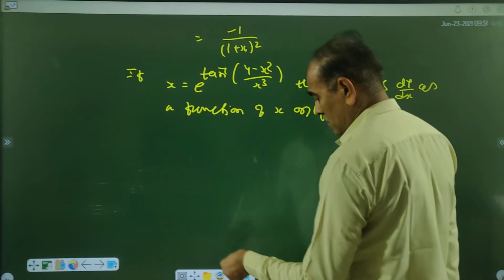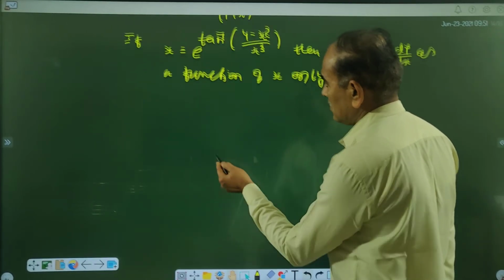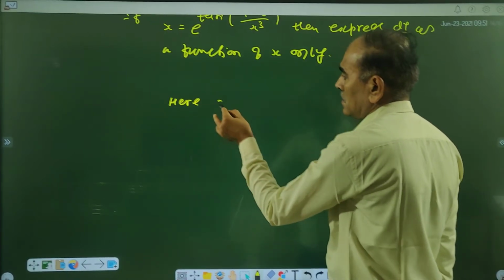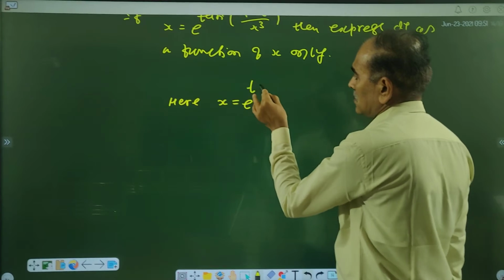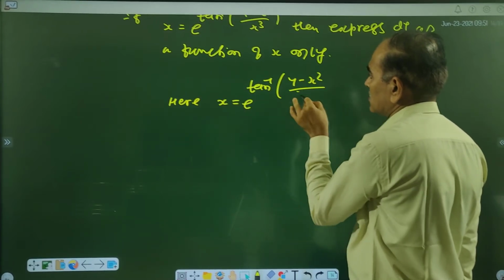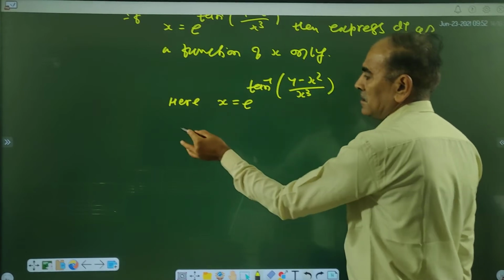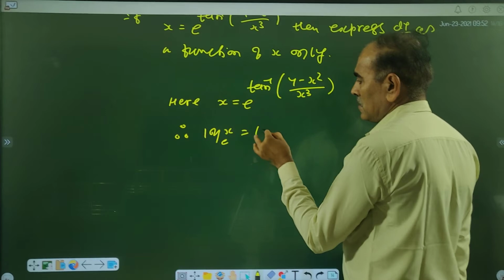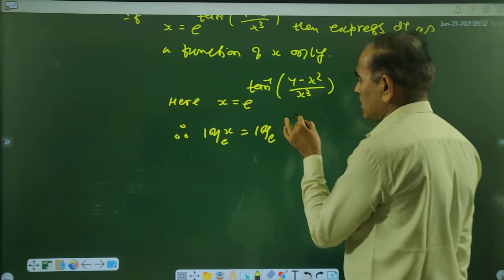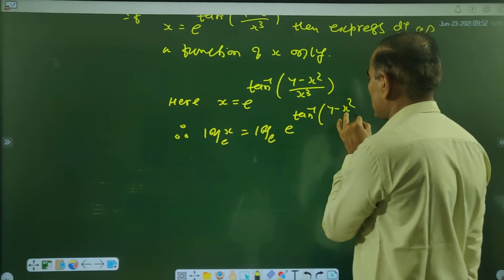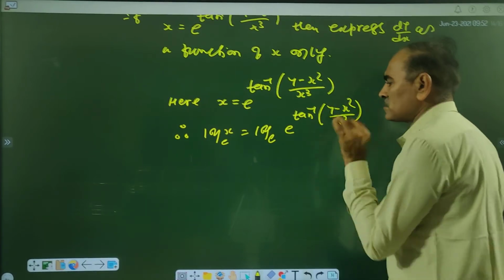So, how to simplify it? See, here x is equal to e raised to tan inverse y minus x square over x cube. Take log. Log is a very important tool in mathematics to simplify a given function.